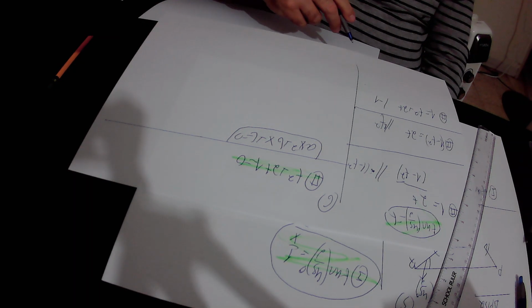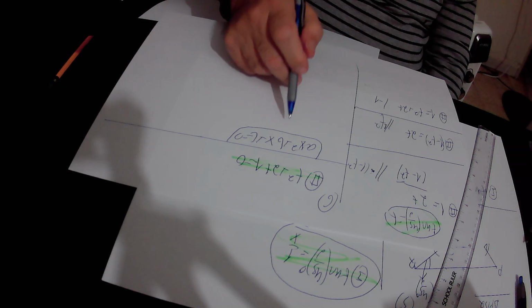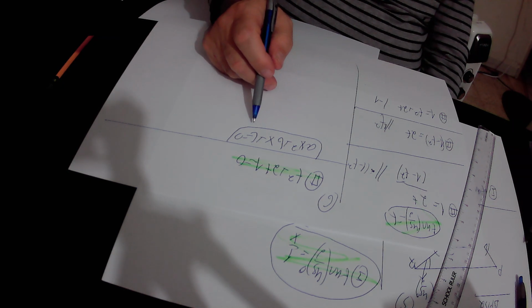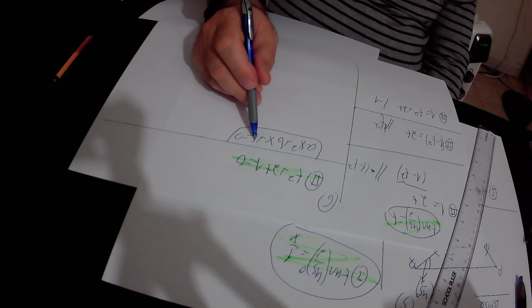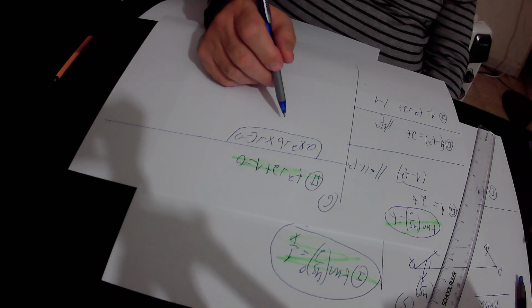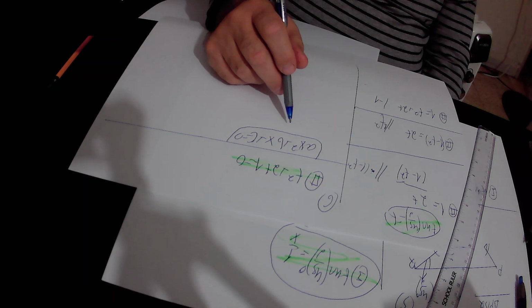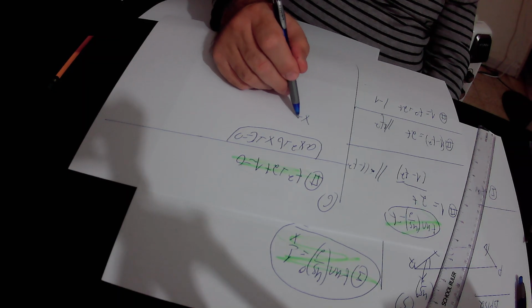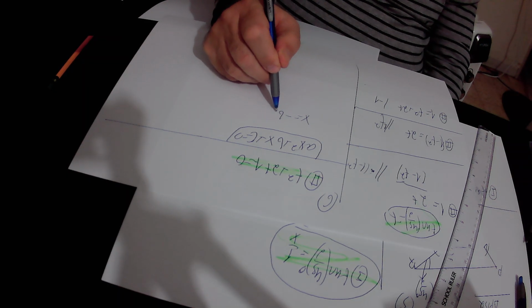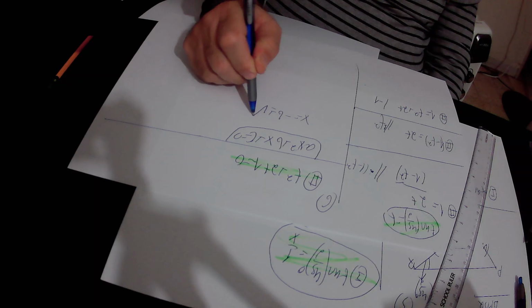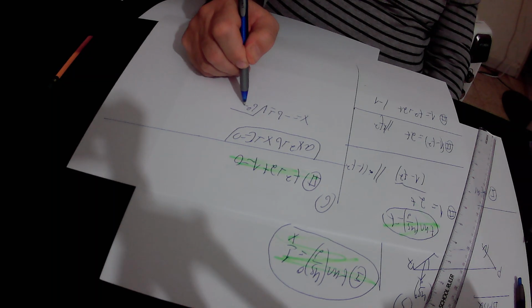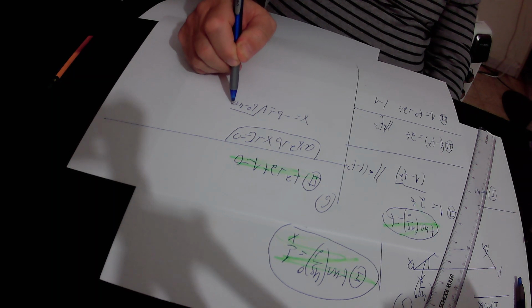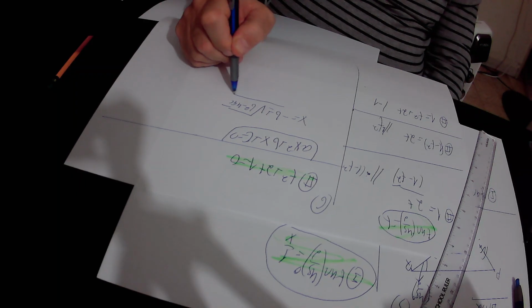In this general formula, a, b, and c are the coefficients of this quadratic equation, and x is the variable that we are looking for. And we find out the value of x according to the following formula: x equals minus b plus minus square root of b squared minus 4 times a times c over 2a.